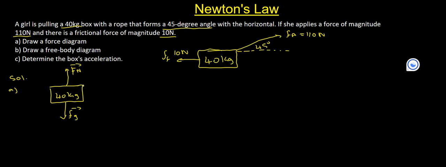And we have a force that is acting at an angle to the box, which is 45 degrees. This is our 45 degrees. Then this is our applied force. And we also have a frictional force.